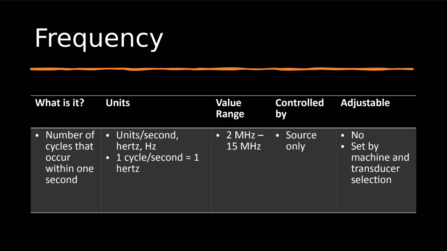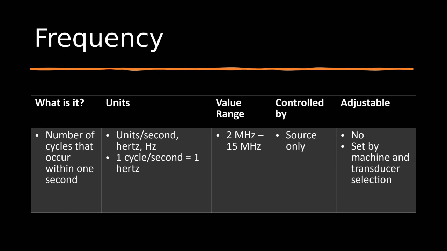This is where we get our value range of 2 megahertz to 15 megahertz. Again, go back to those units. What does mega mean? What does that numeric value actually look like? How big is that number? When we have this really big frequency number, that's saying we can get a ton of cycles to occur in 1 second when we have these really large hertz values.